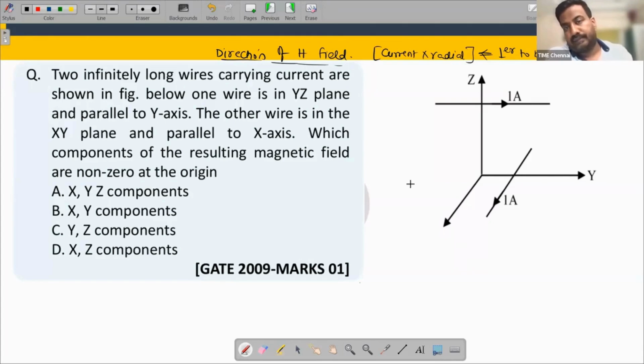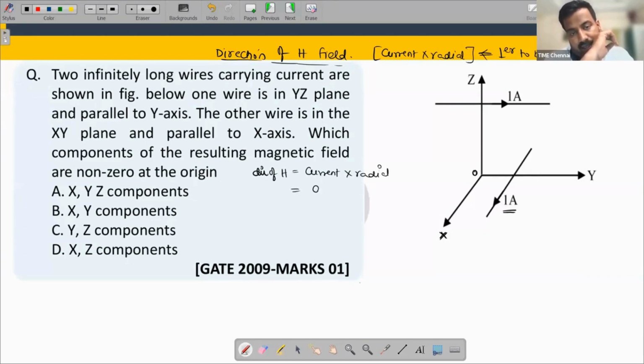How to solve this? See, consider this scenario. This is X here. If you see this current element, it is carrying a current of 1 amp in X direction. You know the direction of magnetic field is current cross radial.